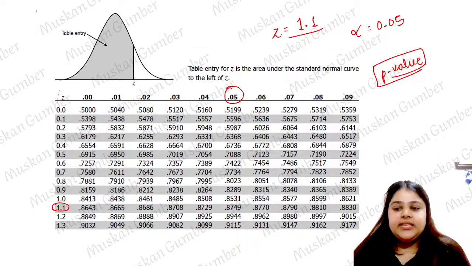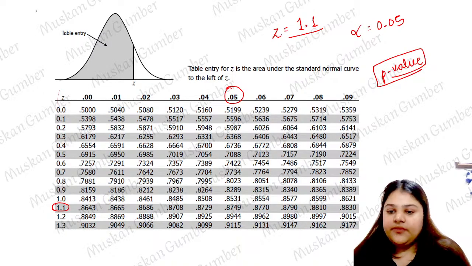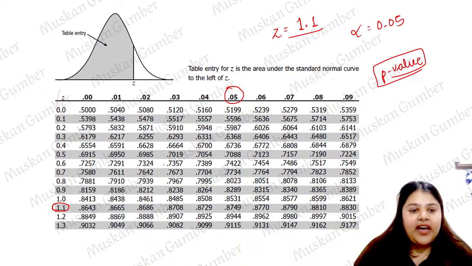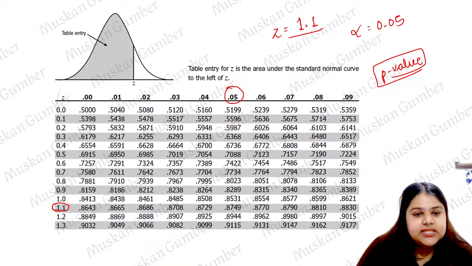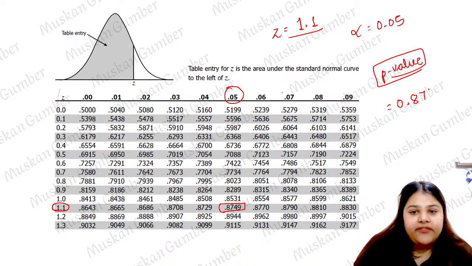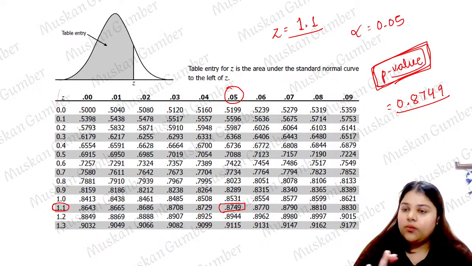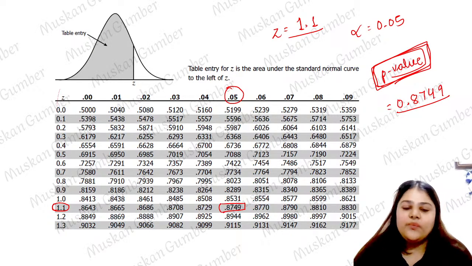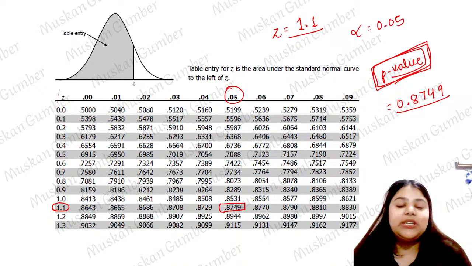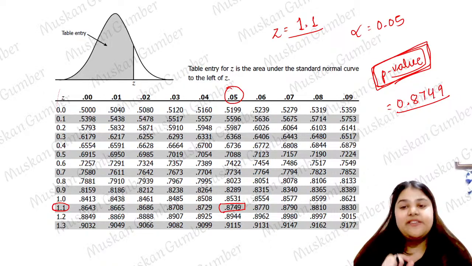Now, very good everyone, we were able to see this particular value. Which was it? It is 0.8749, which is our table value, or the P value that I have gotten. Clear till now what is happening? Now you need to understand the difference between the alpha and the P value.